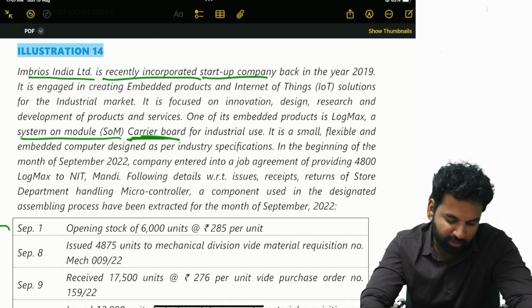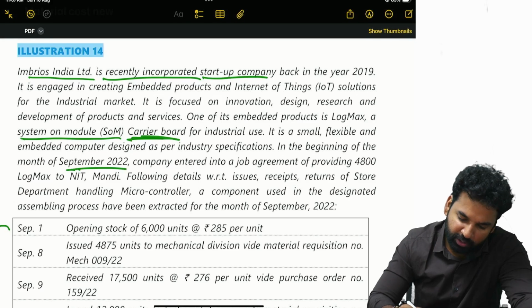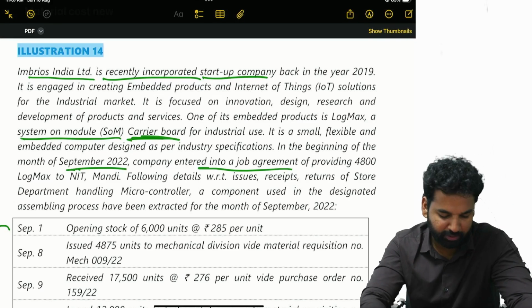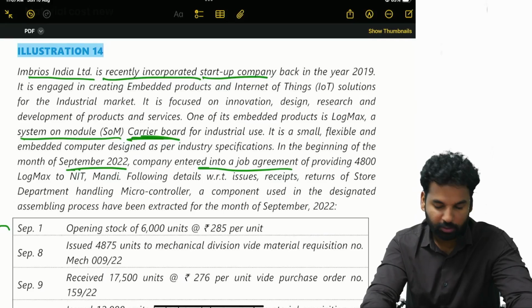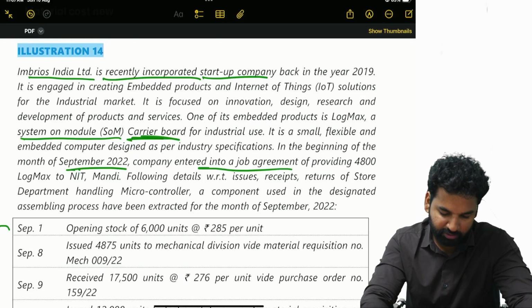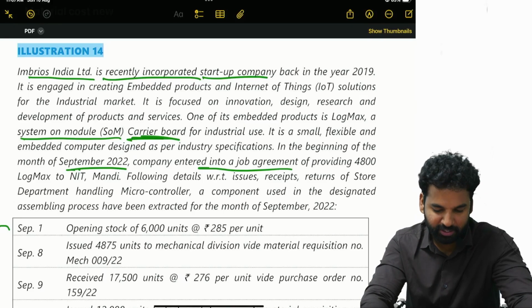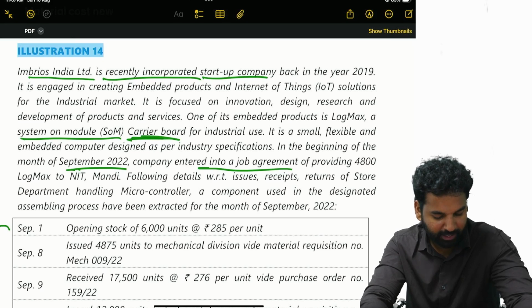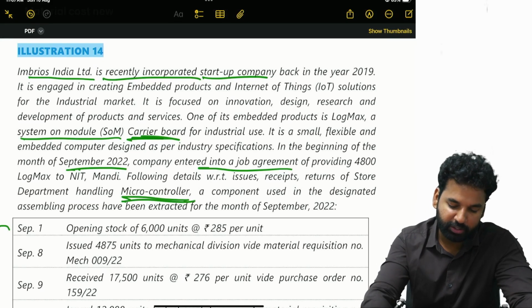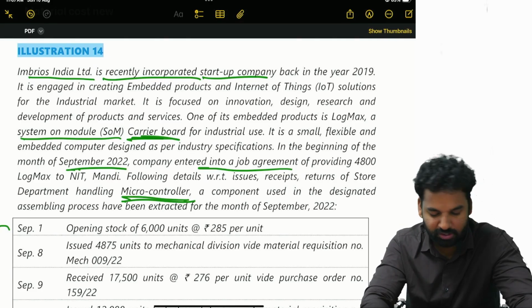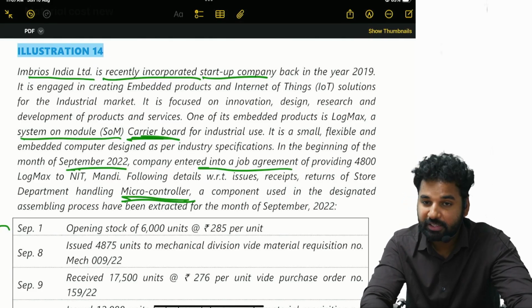In the beginning of the month of September 22, the company entered into a job agreement of providing 4,800 Logmax to NIT Mandi. The following details with respect to issues, receipts and returns of the stores department handling the microcontroller, a component used in the designated assembling process, have been extracted for the month of September 22.